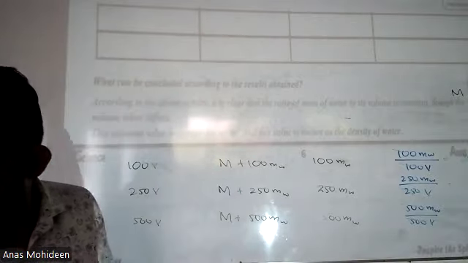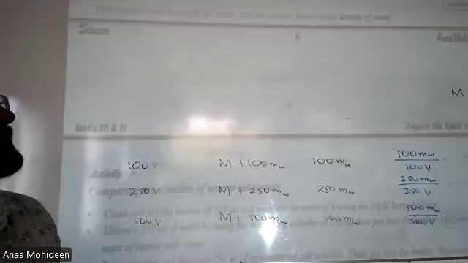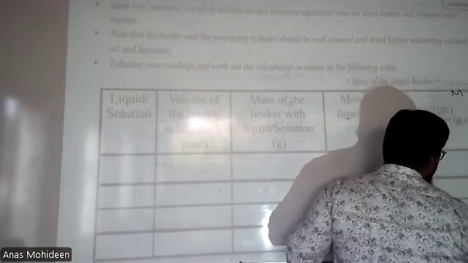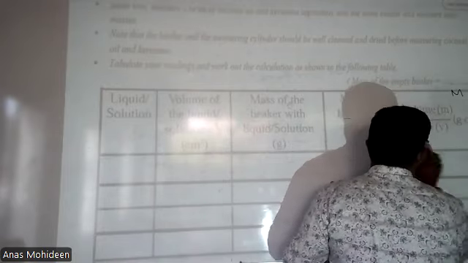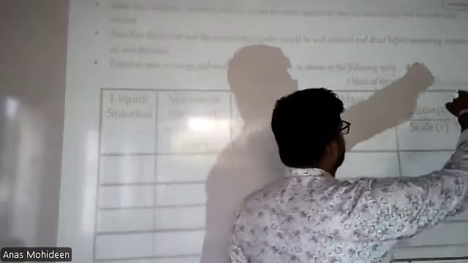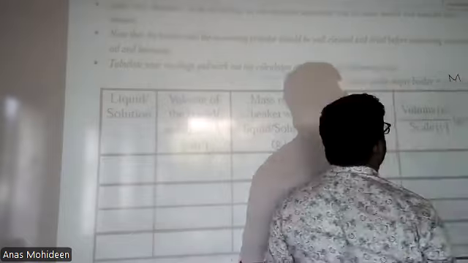What if we compare several matters? That is the next activity. Here we're going to take different liquids, about three or four different materials. The mass of the beaker, I'm going to take as capital M. Now what do I do?